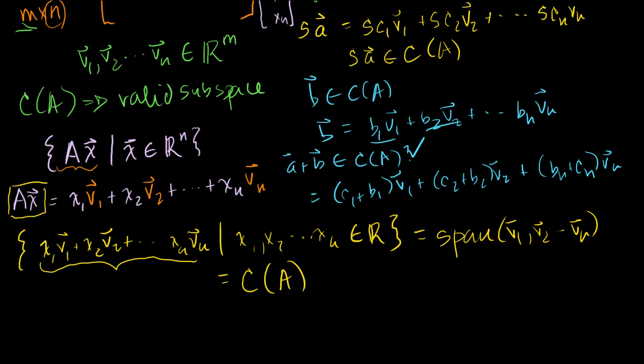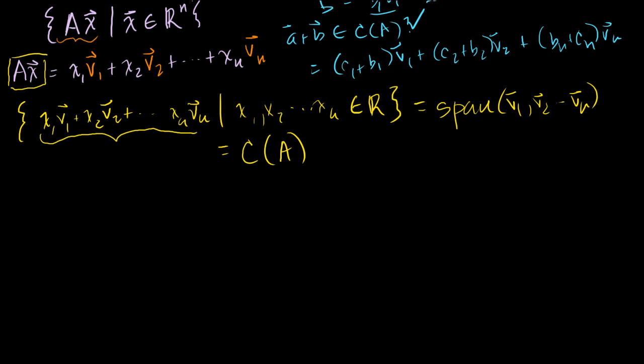So let's think about it this way. Let's say that I were to tell you that I need to solve the equation Ax is equal to, well, the convention is to write a b there, but let me put a special b there. Let me put b1. Let's say that I need to solve this equation, Ax is equal to b1. And let's say that I figure out the column space of A, and I say b1 is not a member of the column space of A. Then what does that tell me?